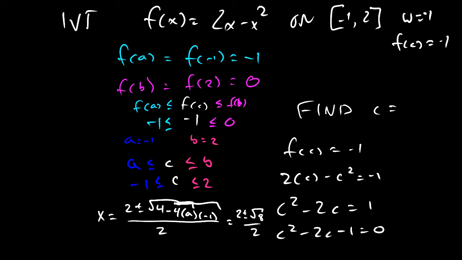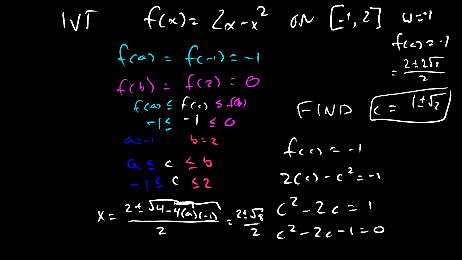So our c is equal to 1 plus or minus the square root of 2. And all I did to get that was simplify my 2 plus or minus 2 root 2 over 2.